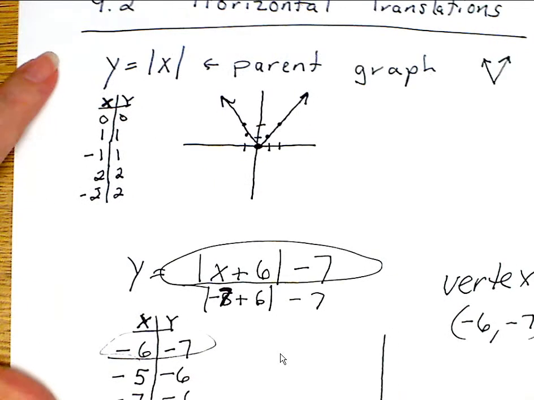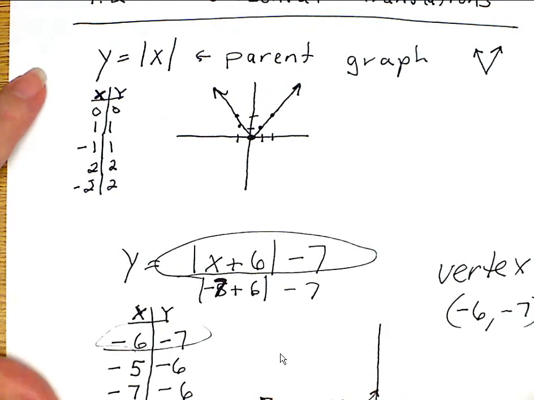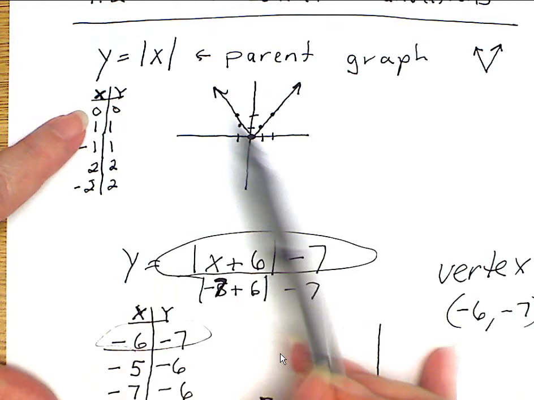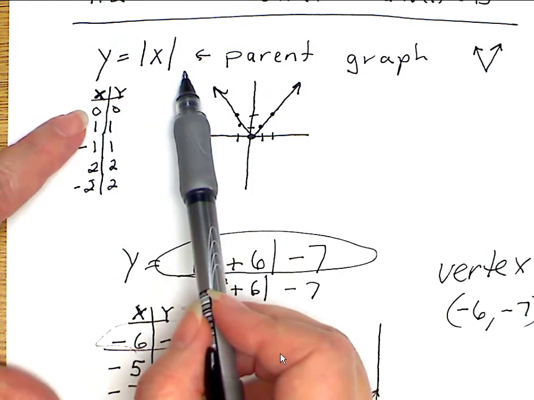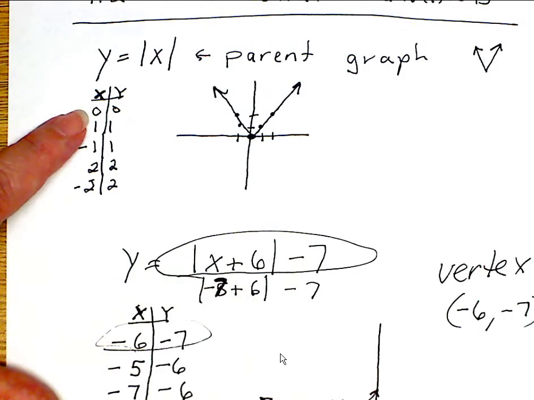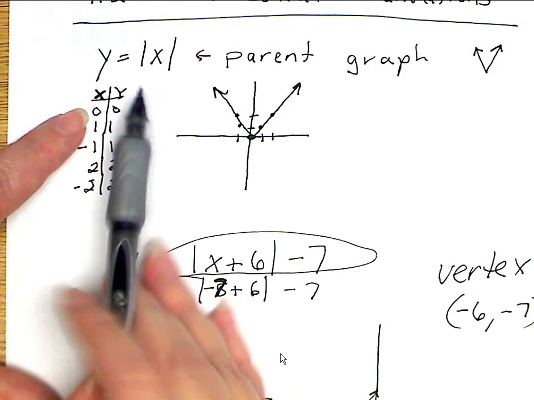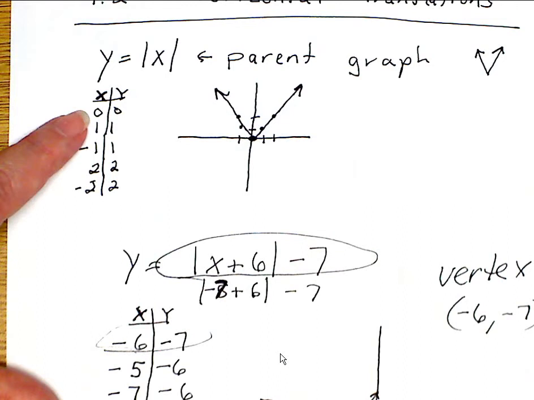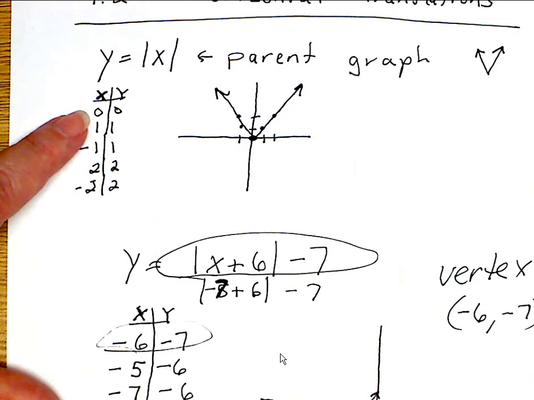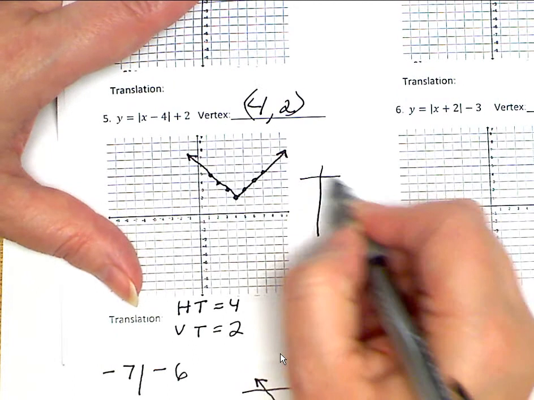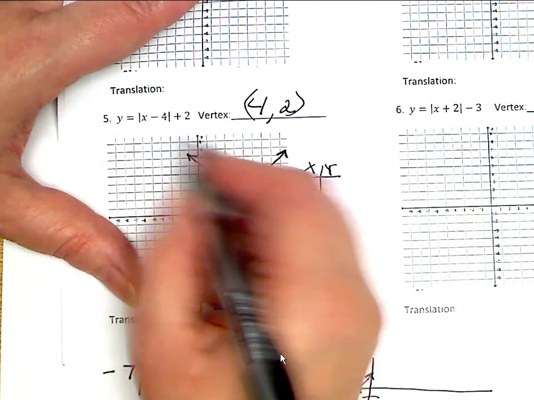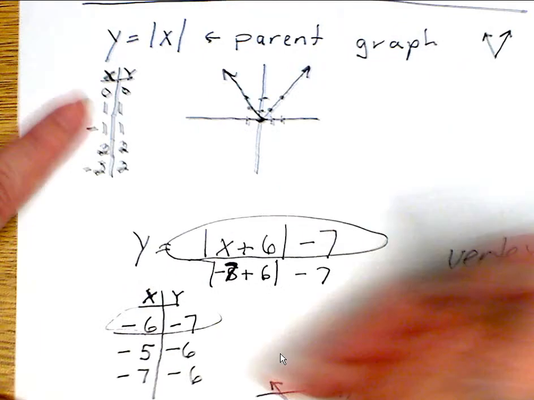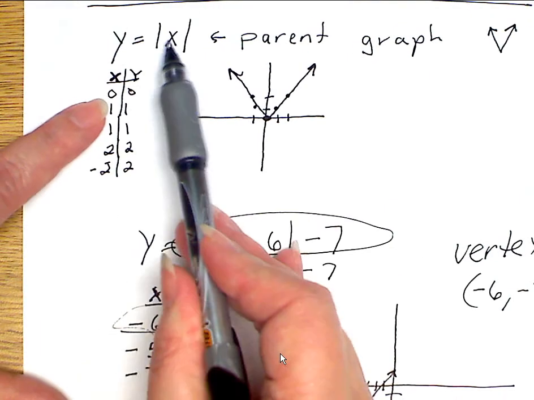Ladies and gentlemen, the reason why it goes on everything is because this is its parent. This is what we're moving. It's called a translation. It's just moving this graph. You could definitely do an XY chart if you wanted to, and do all of the numbers. Put in 5 and find out what it is. However, because we know the parent goes at 0, it's 0.